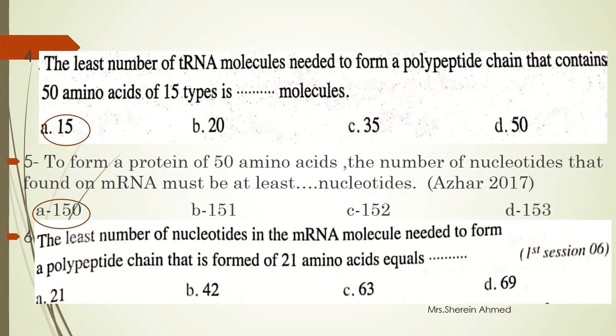Number 6. The least number of nucleotides in the messenger RNA molecule needed to form a polypeptide chain that is formed of 21 amino acids equals 63.